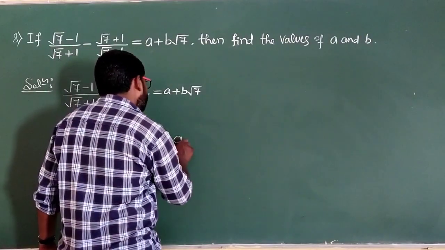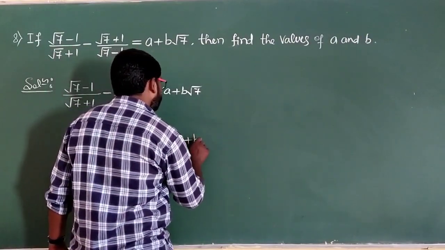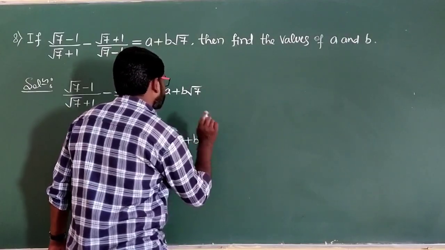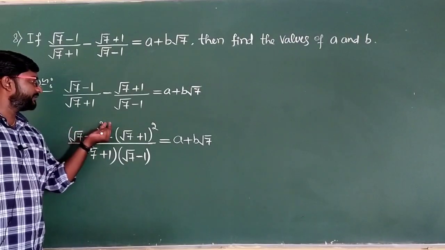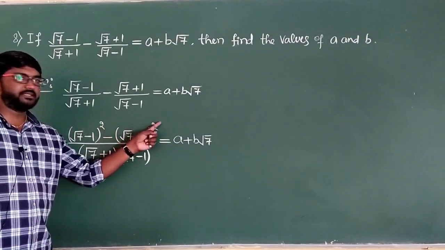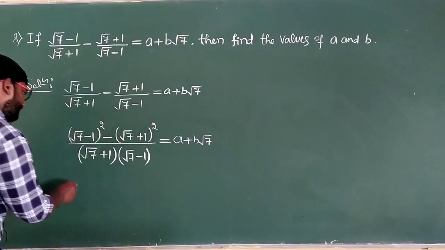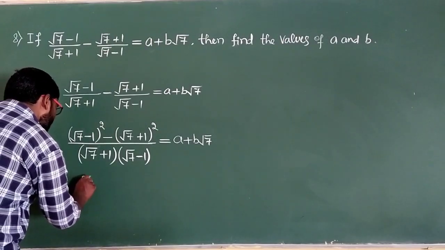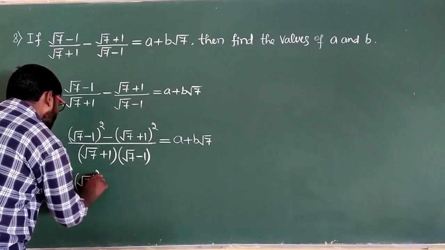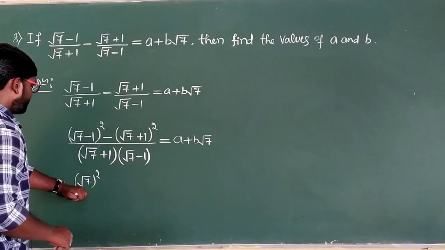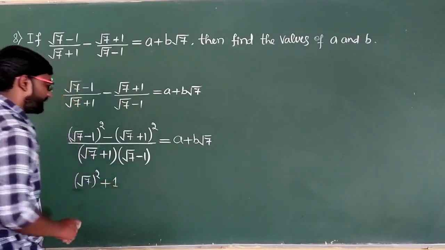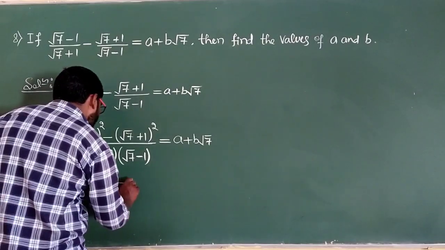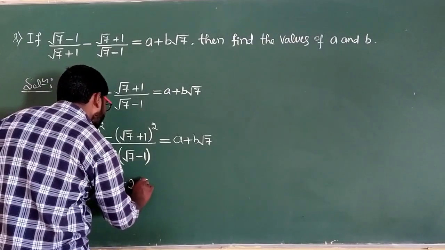It is a plus b times root 7. Now this is in the form of a minus b the whole square, and this is in the form of a plus b the whole square. Let us expand them. So it is a square, that is root 7 the whole square, then plus b square, that is 1 square, which is 1, minus 2ab, that is 2 times root 7.